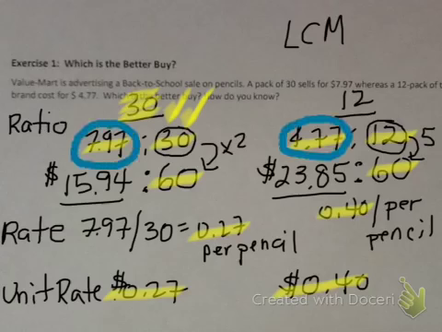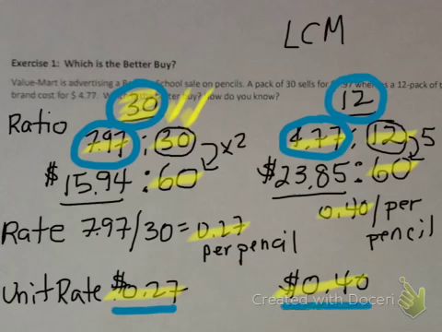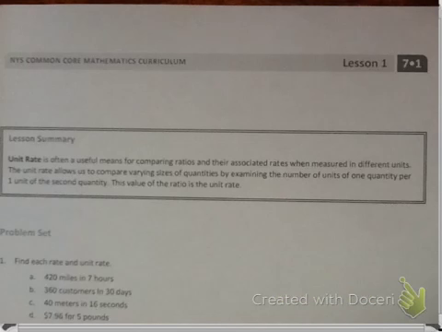You know that 797 is not even 2 times as much as 477, but 30 is more than 2 times, or 2.5 times, 12. So you can look at it that way. Again, several ways to do it. The unit rate is always a wonderful thing to look at.